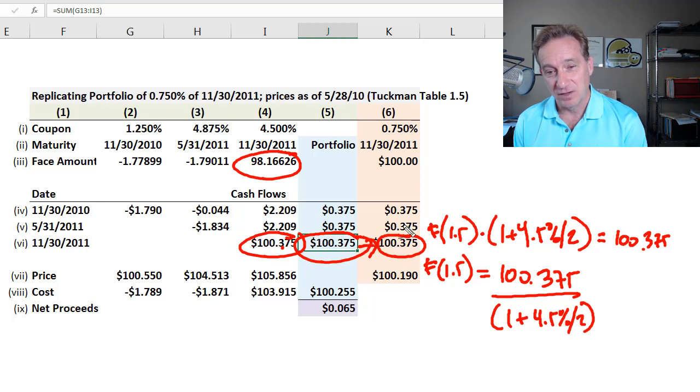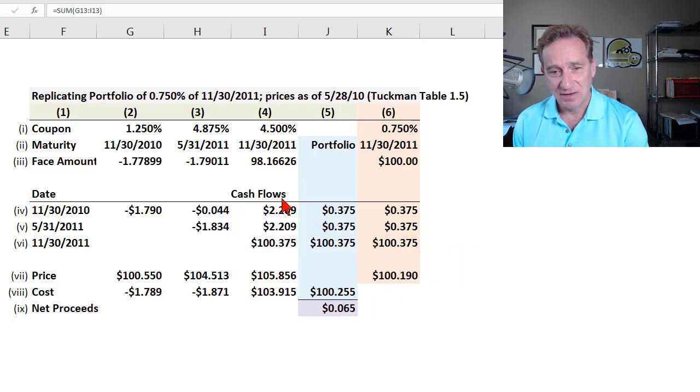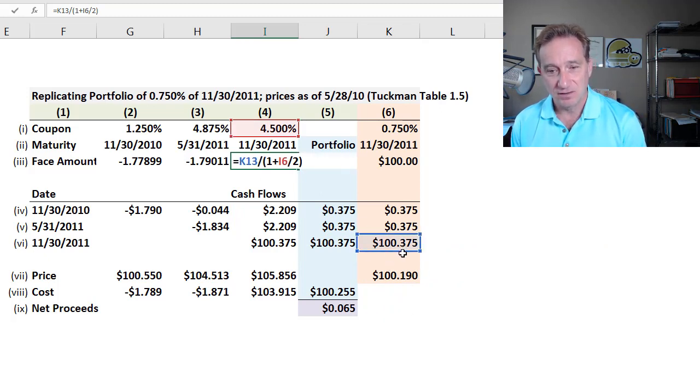This replicating portfolio is replicating these cash flows. So it's informed by matching these two values in this case. And if I go back here and just show you the cell, that's exactly what I've done in Excel. I take the $100.375 and divide by 1 plus 4.5% divided by 2.